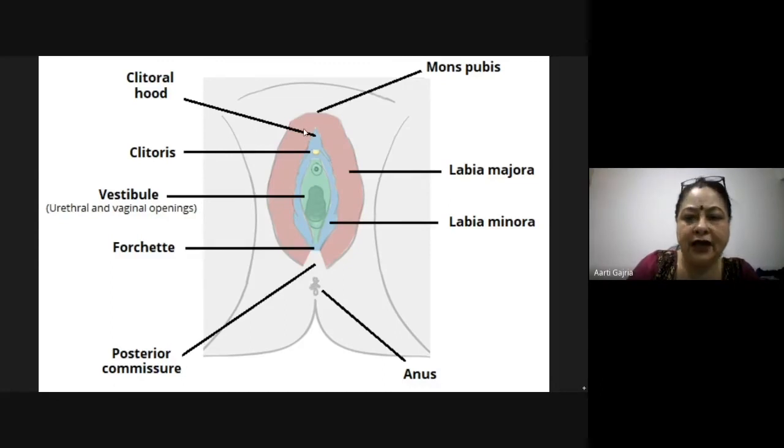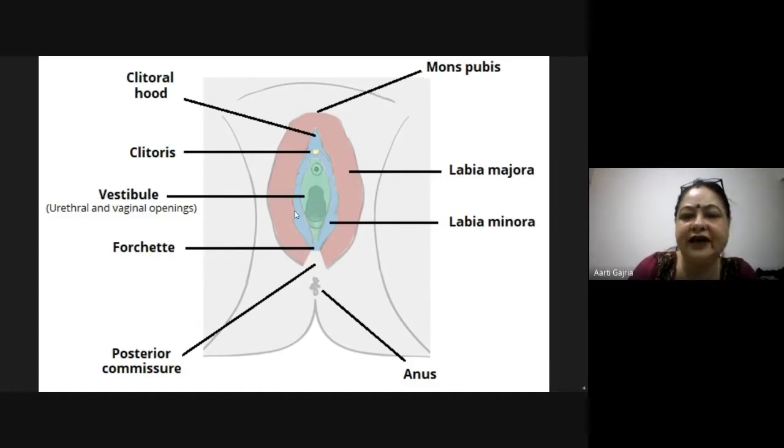This is the labia majora, the outermost fold. These are all skin folds. Inside labia majora, you will find a pair of labia minora. And then inside it, you will find this opening. This opening is the urethral and vaginal opening.